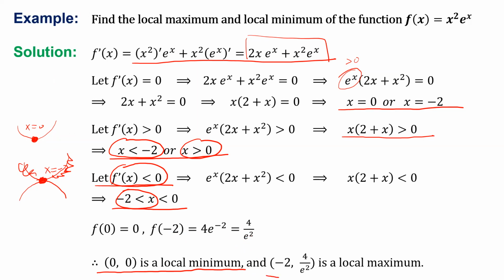So the point (-2, 4/e^2) is a local maximum like this. You understand? Of course, like I said, you can also check the local extrema by checking both the first and second derivative. Okay, any questions?